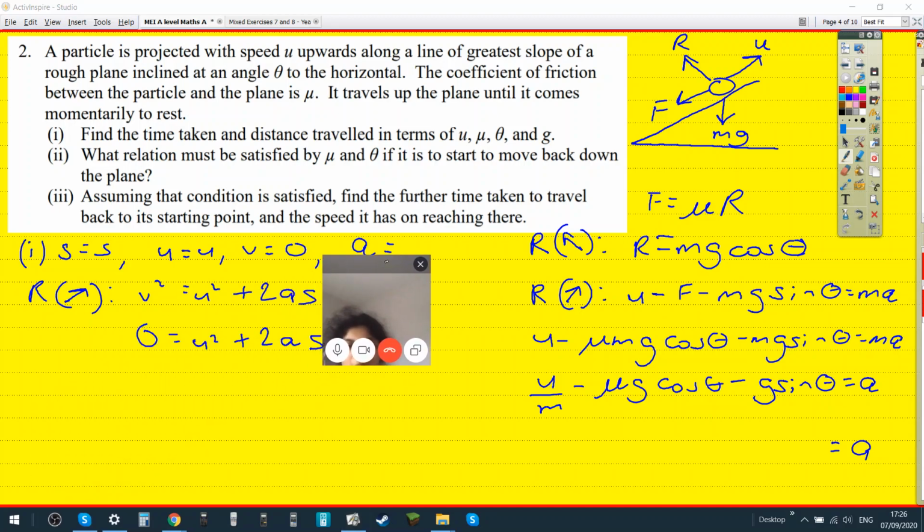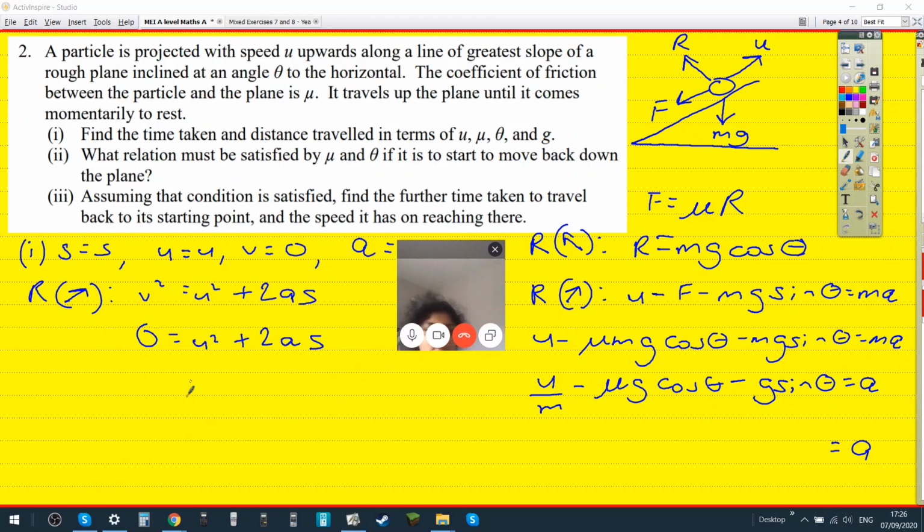That doesn't really help. We could try time first, like v equals u plus at. Hang on, we don't need u here, I don't think. I don't think u is a force. Yeah, we don't need u, so maybe that makes things a bit simpler.